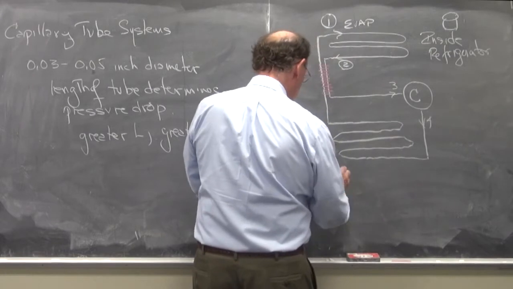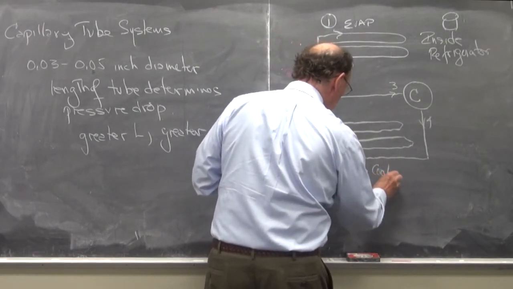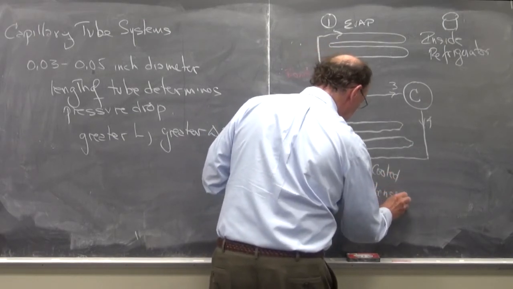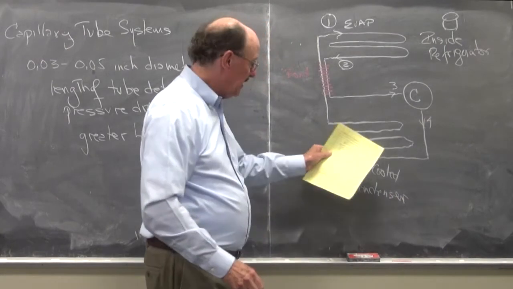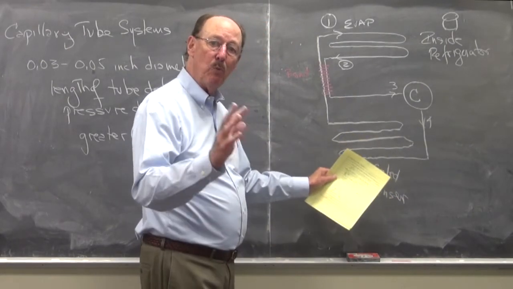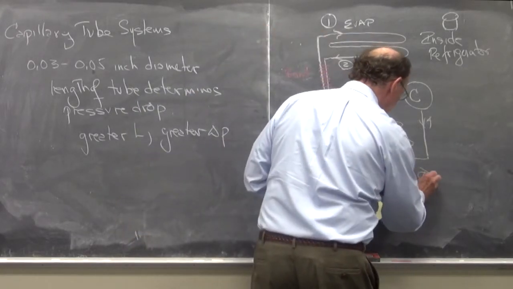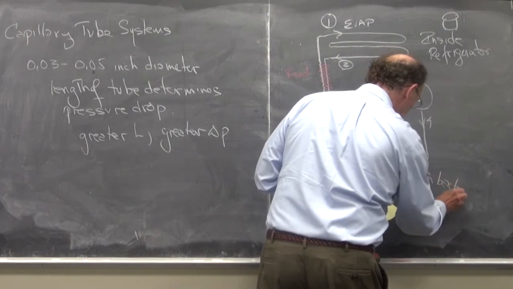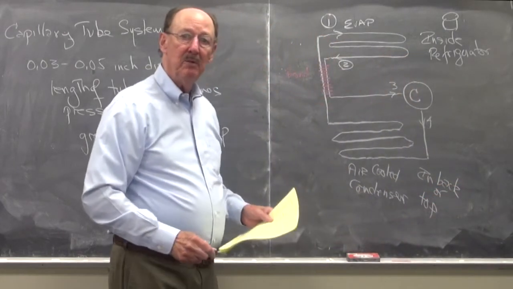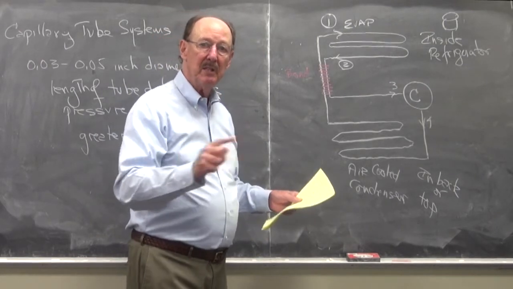Here's the air-cooled condenser. And so typically this is behind your refrigerator or underneath it. This is where you feel warm air coming out. And back, or up. And typically we would see coils, so you'd see these sinuous coils going on.